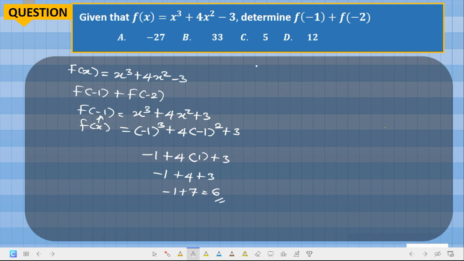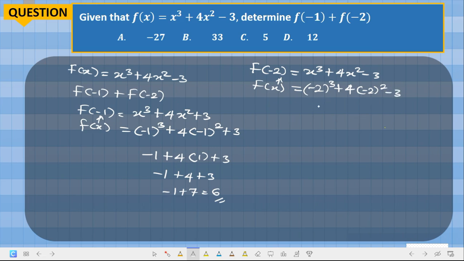Okay, the next thing is f bracket minus 2, and this will be equals to x raised to the power of 3 plus 4x squared minus 3. Now what do we do? Normally here is supposed to be x, right? It means that wherever you see x, put minus 2. So this becomes minus 2 raised to the power of 3 plus 4 bracket minus 2 square minus 3.